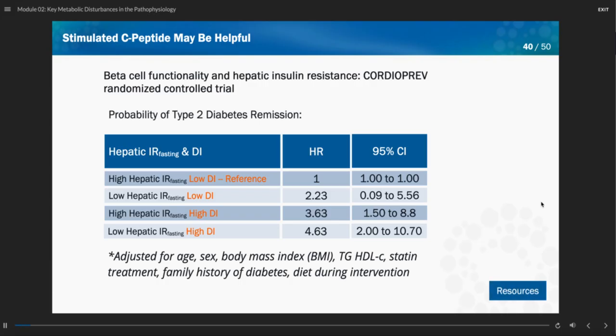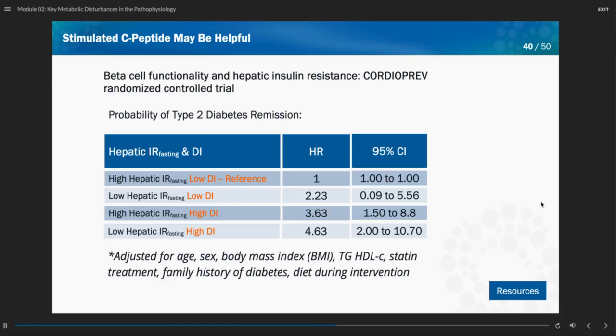What they found is reflected in this graph. They took the high hepatic insulin resistance and identified that, along with the low disposition index, that is, the pancreas not making very much insulin, as one, and then compared hazard ratios as things changed. You can see that as the high hepatic insulin resistance drops, the likelihood of someone going into remission goes up, to a statistically significant degree.